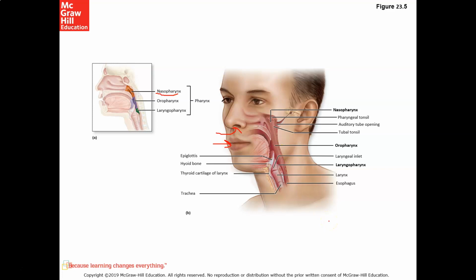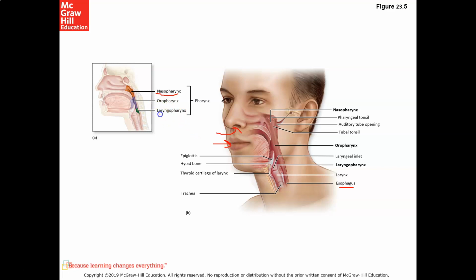And it goes past the epiglottis into the esophagus here. So that's where you want food to go, but you don't want air to go there. So air will be diverted into the larynx, down into the trachea, etc. So the oropharynx is where food and air share a similar space.